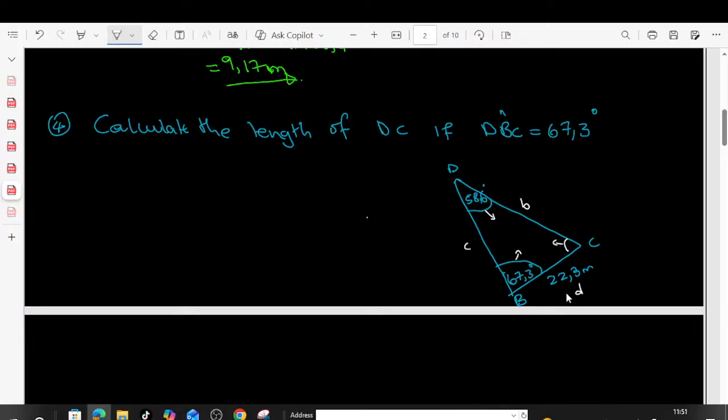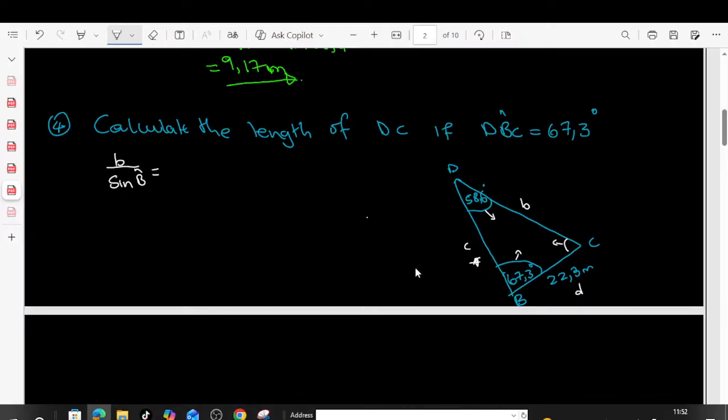I'm going to use the sine rule to calculate this. So if I use the sine rule, I'm going to say small b over the sine of angle B. This will be equal to... I can't use this side because I don't have both the side and the angle.